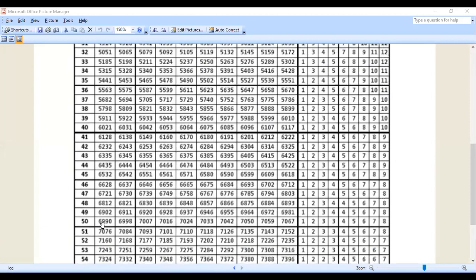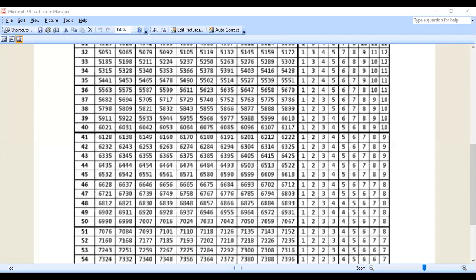You take it as 1.6990 because 50 has two digits. So your logarithm value will start with 1 point. Like that you have to take. Its value will be 1.6990.